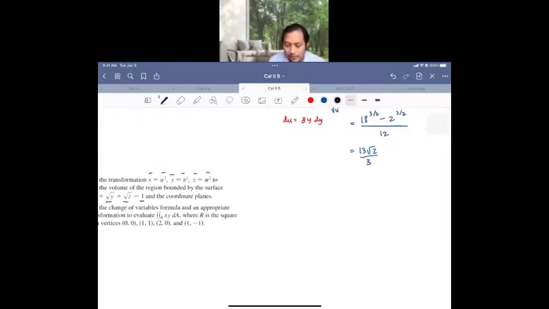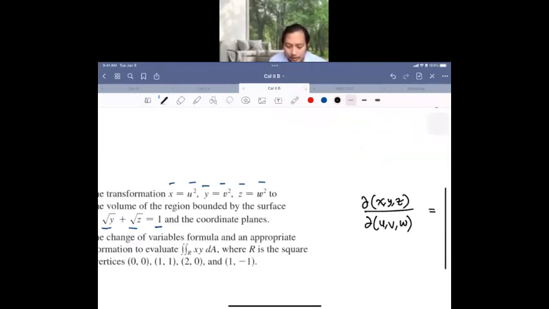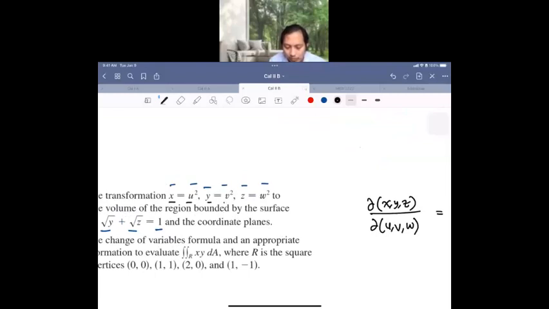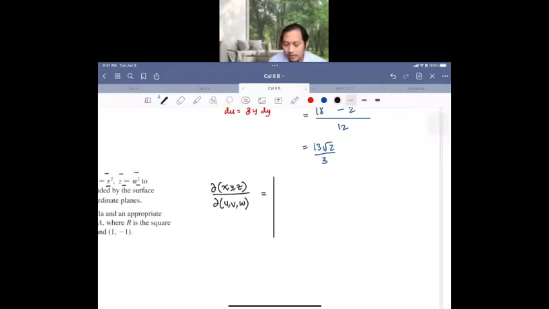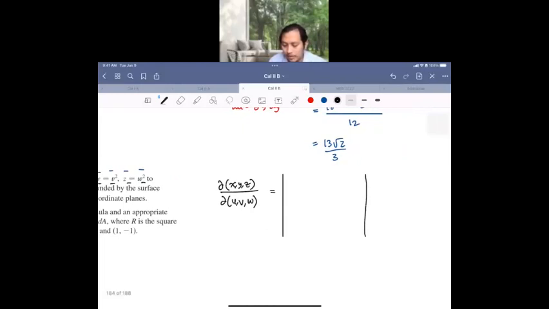Jacobian, so Jacobian x, y, z over u, v, w. So practically, because we have each variable 1, 1, 1, it doesn't correlate with the other one. So perfectly we have 2u, 0, 0, 0, 2v, 0, 0, 0, and 2w.